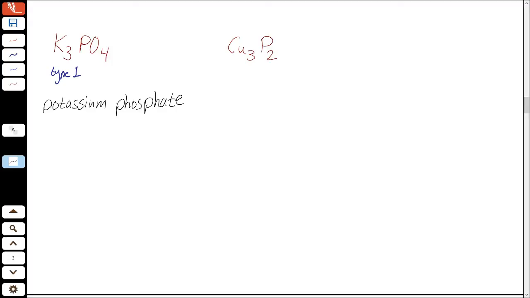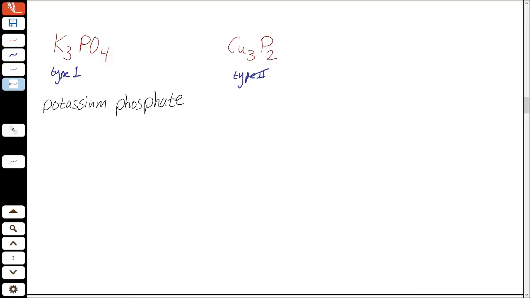Okay. Next one. Which category do we put it in? Do we know the charge or not necessarily? We don't, because it's copper right in the middle. So this is going to be type 2. That means that we're going to need those parentheses.